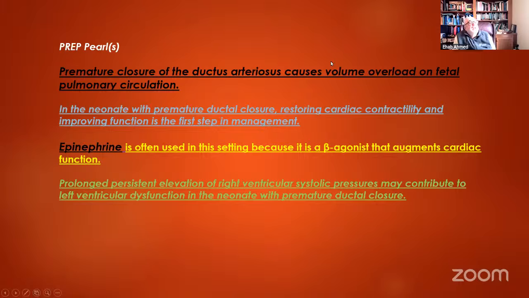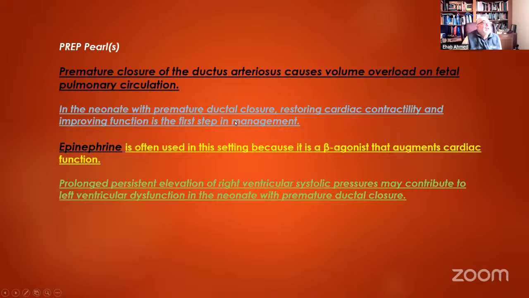If you close the ductus that early in utero, you are sending a lot of blood to the lungs, which should not receive this amount of blood at this stage of development and after birth. This is why this baby developed PPHN.